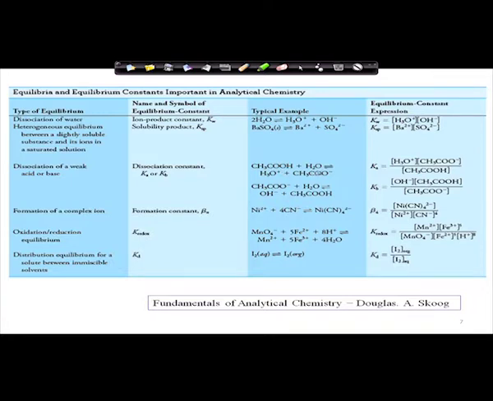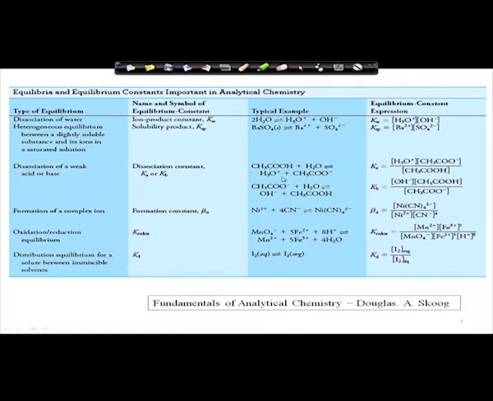That dissociation we are basically considering as a type of equilibrium which is known as the dissociation of a weak acid or a weak base. These two equilibrium reactions are nothing but the corresponding reactions involving their constants for the dissociation reaction, where one is Ka and another is Kb.